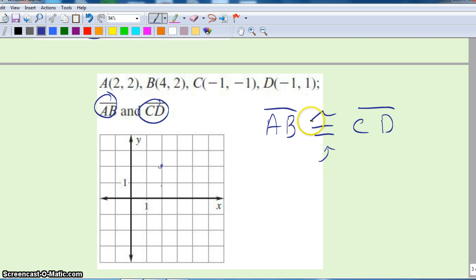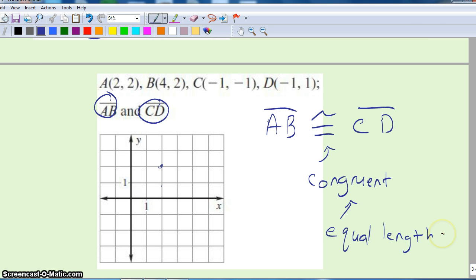This little weird symbol, a squiggly line with an equal sign, means congruent. If you don't know what congruent means, it means equal size, same shape. In other words, here for us it means equal length. So let's plot the points, connect the lines, and then we will see.